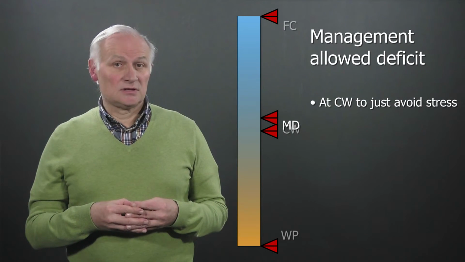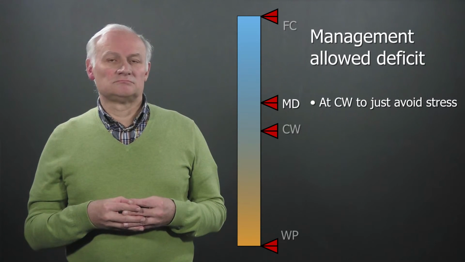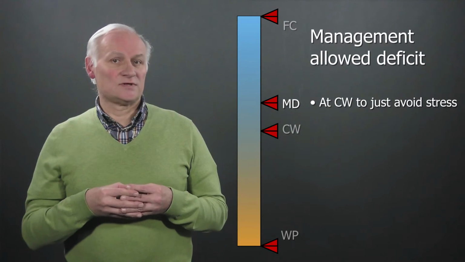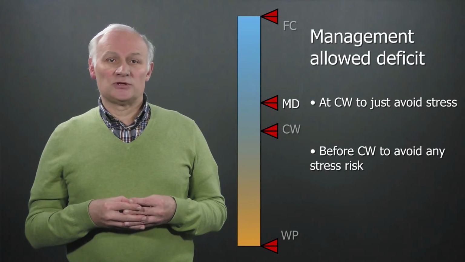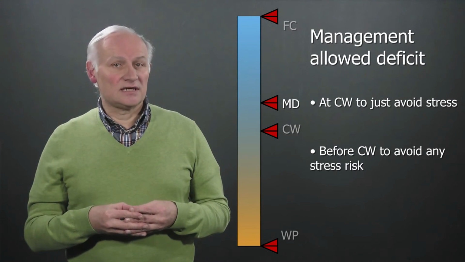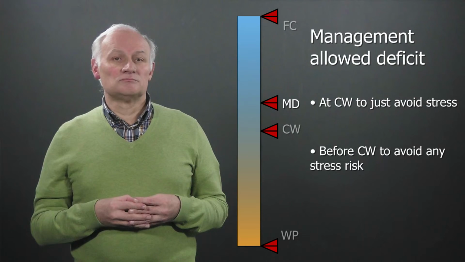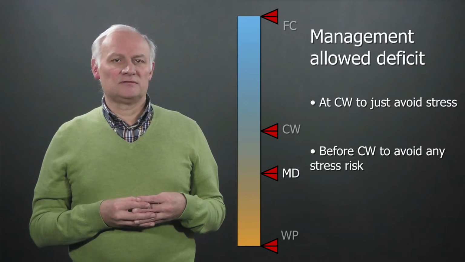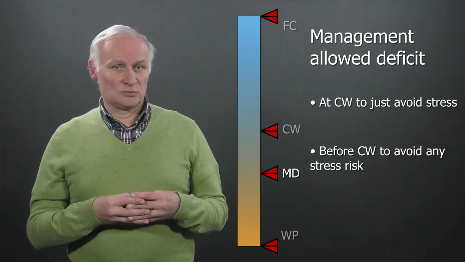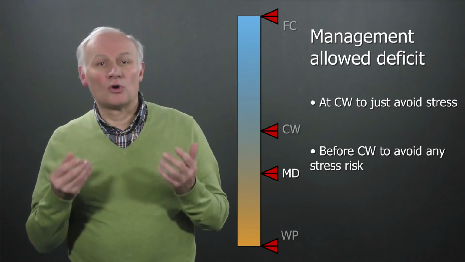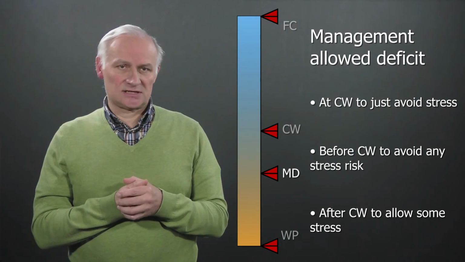It could also be before, if the farmer prefers to reduce any risk of stress. But of course, this will require a much higher irrigation frequency. Or it might be even after that point if the farmer decides to allow some stress at some or all of the growing stages.